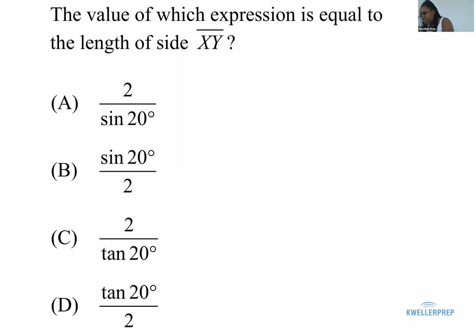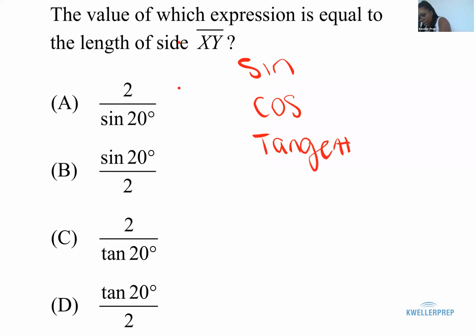Okay, so when you're working with trigonometry, you have your sine, your cosine, and your tangent. Now, when you're working with a triangle that has some sort of angle, you have to use your angle as a reference point.